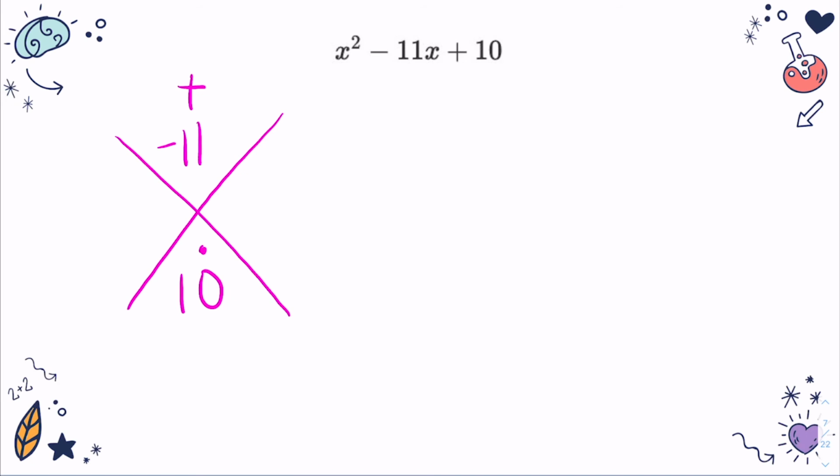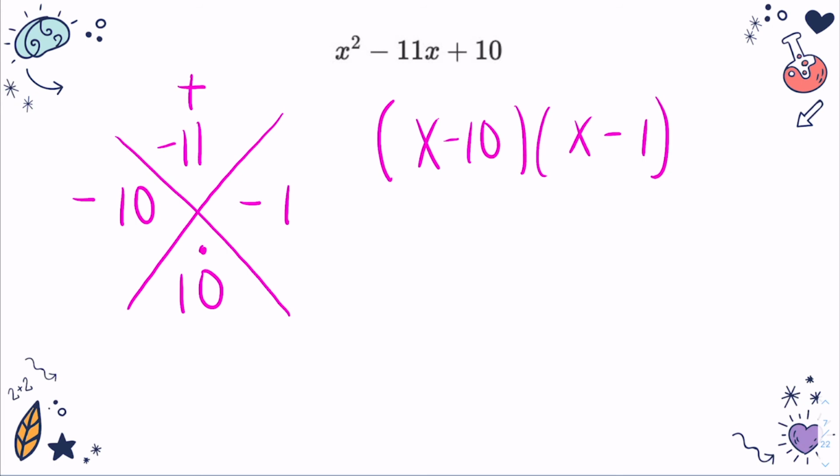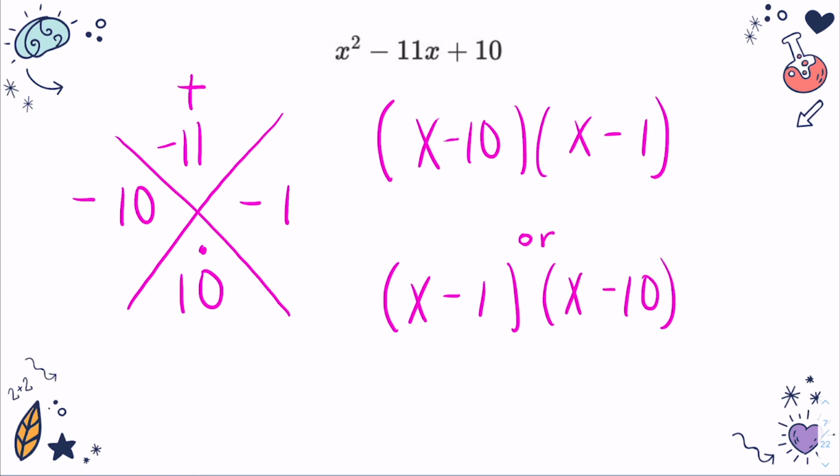So since we have a positive product and a negative sum, we know both of our numbers need to be negative, and we find negative 10 and negative 1 will do the trick. So we get our factors x minus 10 times x minus 1. Of course, we know the order of multiplication does not matter. The order of your factors also does not matter.